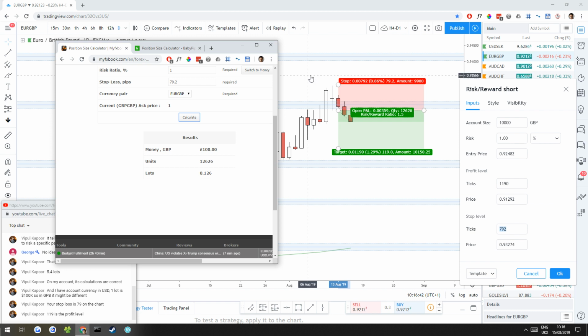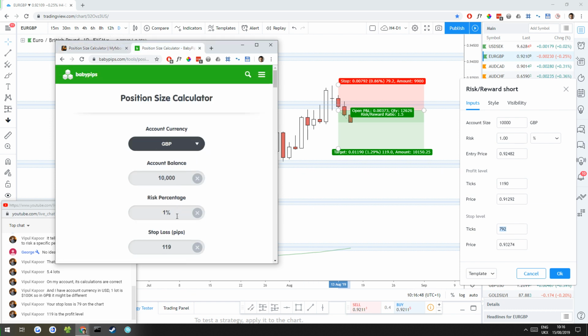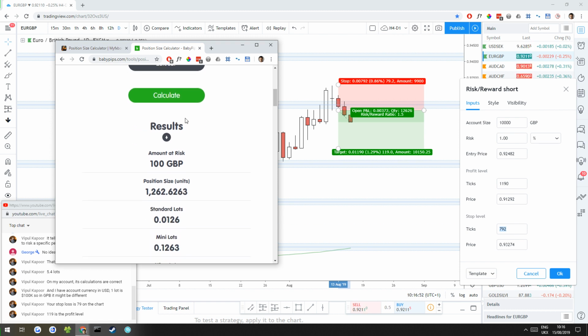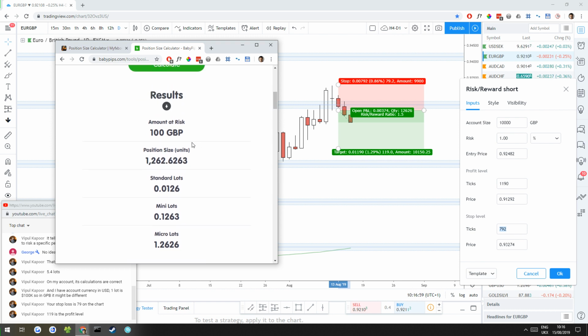Right. Okay, so it's given it in units, the quantity in units. It'd be nice if they had it listed here in lot sizes instead of units.